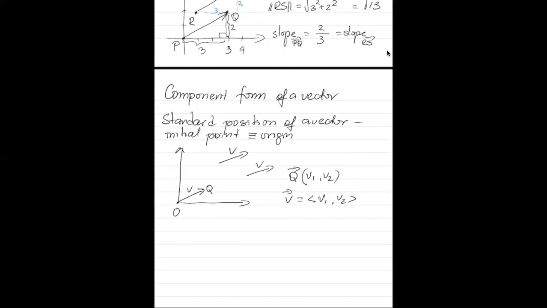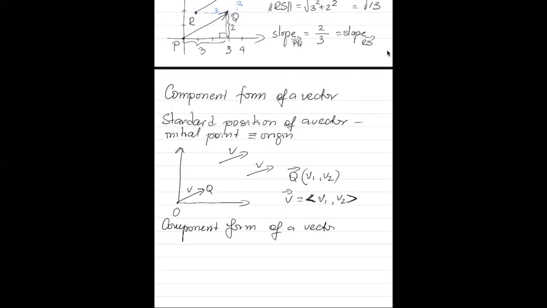You notice I'm using parentheses for the coordinates of the point, but angle brackets for the components of the vector, to distinguish. Okay, so the component form of a vector is really easy to find if the vector is in the standard position, but if it's not, we can still find it.